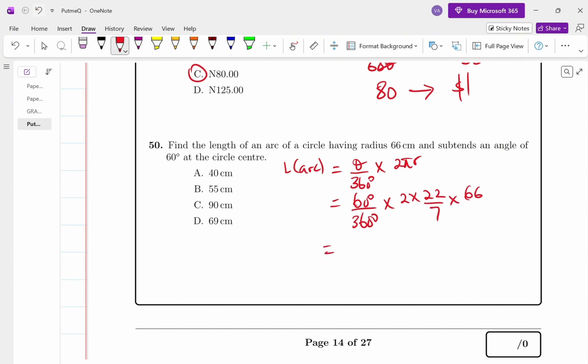Okay, so 60 into 360 gives us 6, 6 into 66 is 11. So all we have to do is 2 times 22 times 11, divided by 7, so I get the answer. That's 69.08. So that's D. D is the closest to that.